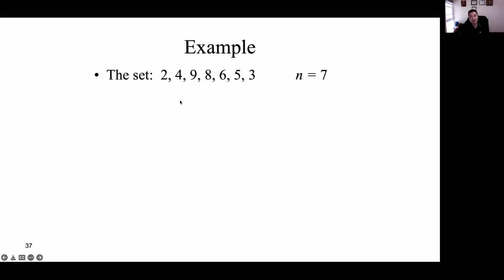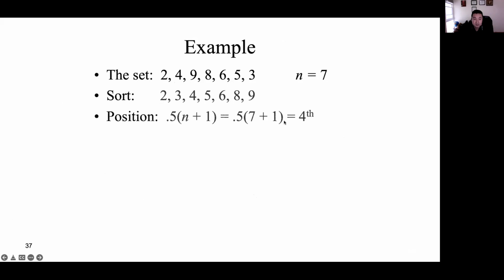All right, we have a data set of 2, 4, 9, 8, 6, 5, 3. So totally we have 7 sample items. First we arrange from small to large, and then we calculate. So (n plus 1) divided by 2.